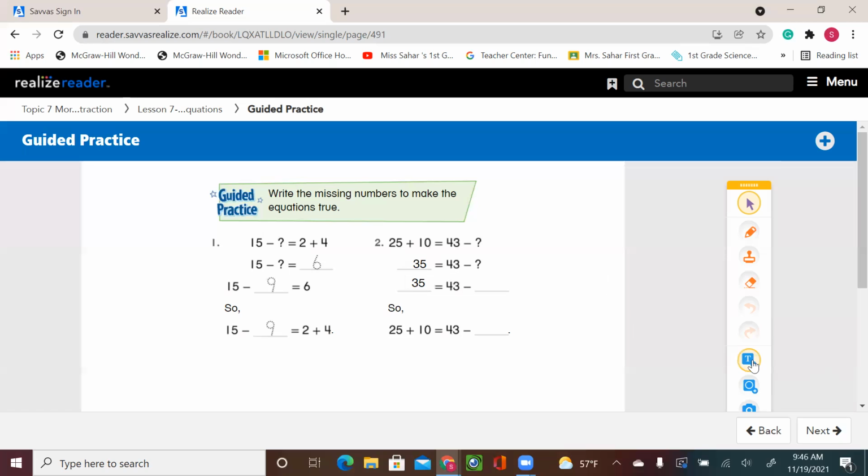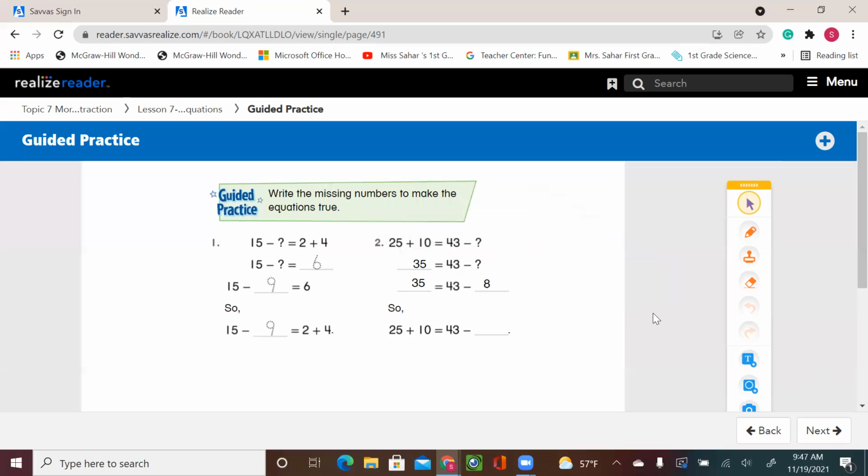Yes, very good. So 43 minus 8 equals 35.